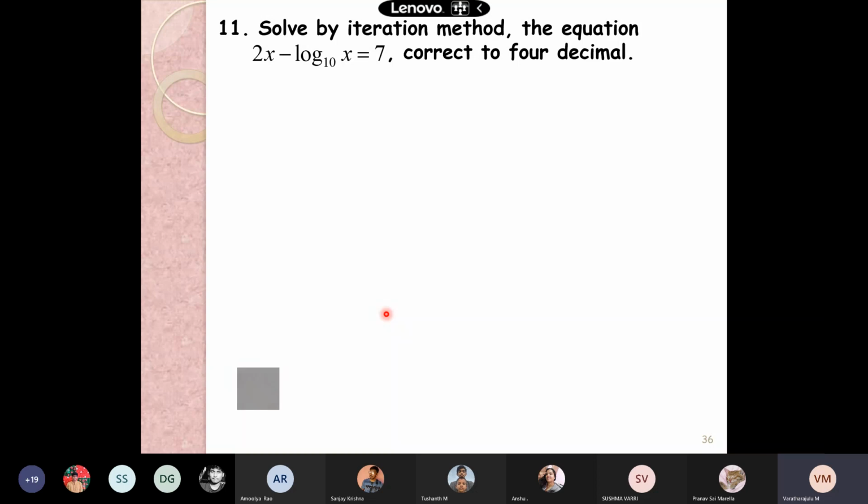There is only one way, right? From 2x we can get the phi of x. So 2x is equal to 7 plus log base 10 x. So this 2 has to be taken to the RHS. So x is equal to 1 by 2 into 7 plus log base 10 x.